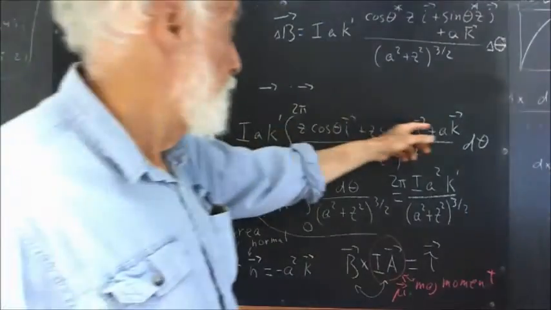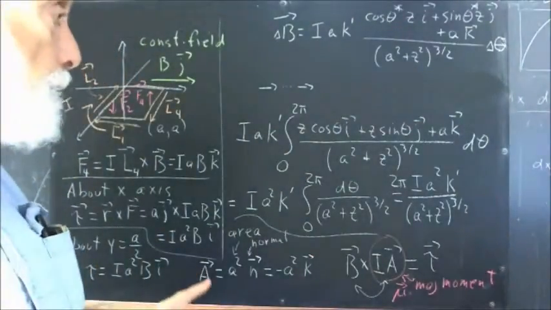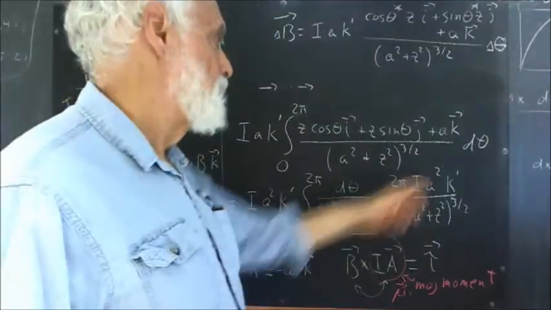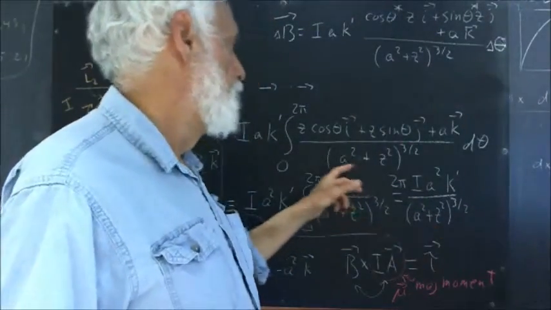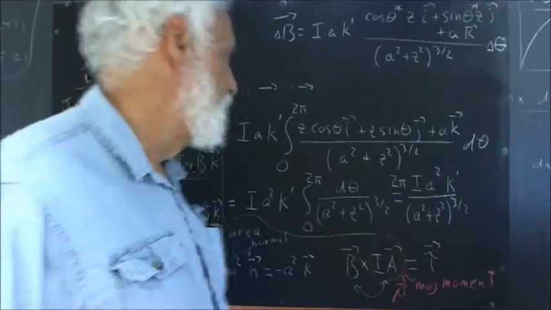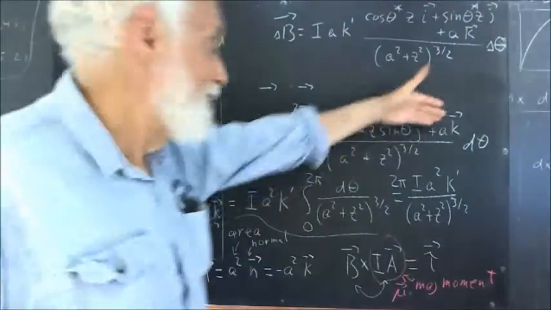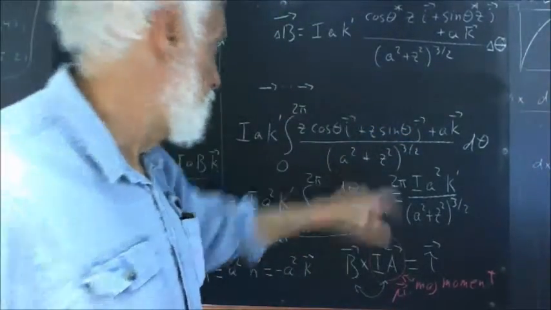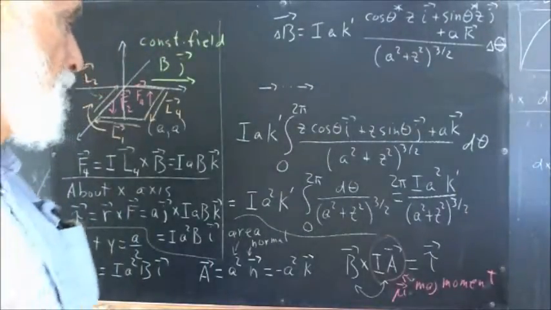So all this goes to 0, so that the integral just becomes the integral of AK over this denominator times d theta. But now, this has no theta dependence, and this has no theta dependence.